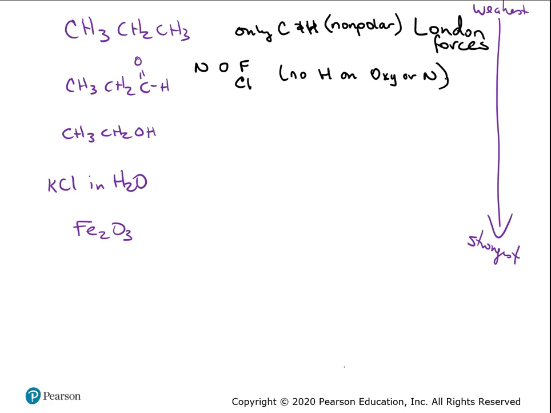These molecules, as long as they're relatively small, we'll say less than 5 carbons, are going to be polar. So if you have a nitrogen, oxygen, fluorine, or chlorine, with no hydrogens on the oxygen or a nitrogen, then this is polar, and that attraction is called dipole-dipole.